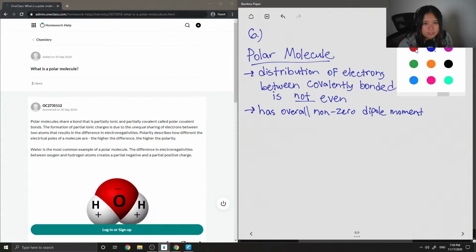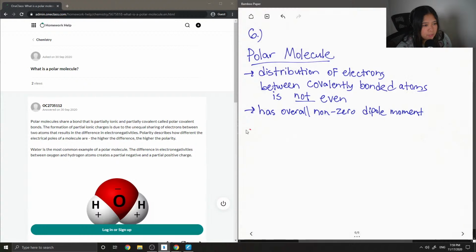Okay, so the easiest example for a polar molecule would just be water. So I'll draw out the molecule of water here. So our oxygen is more electronegative than the two hydrogen atoms. So I'm going to show that there is a dipole moment going towards the direction of the oxygen.